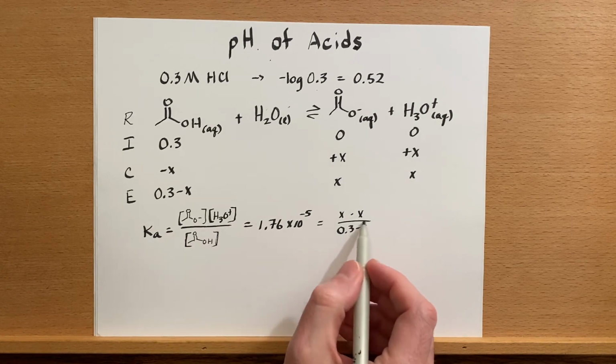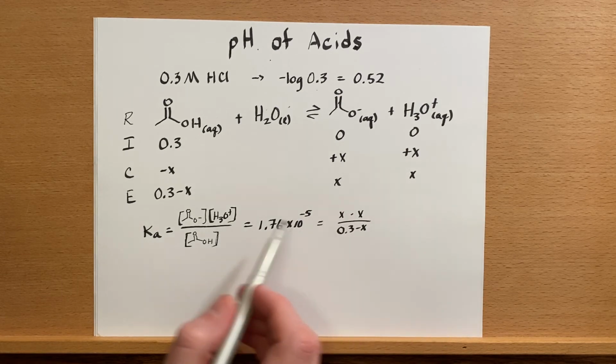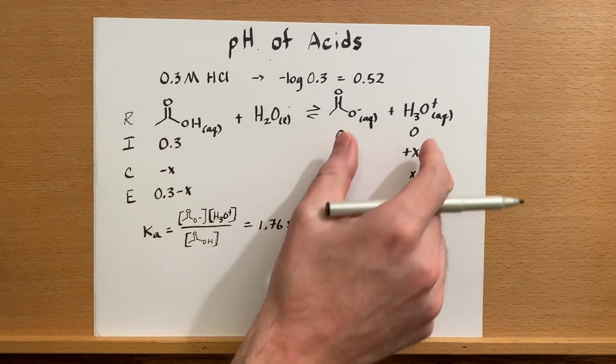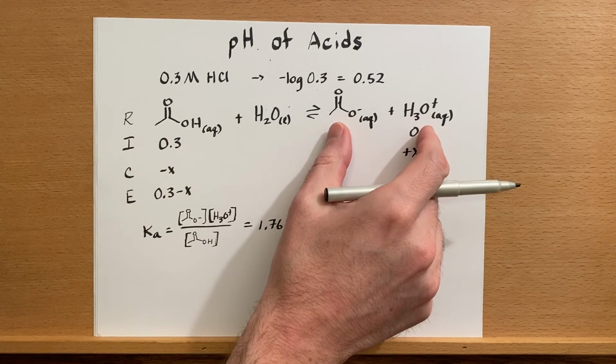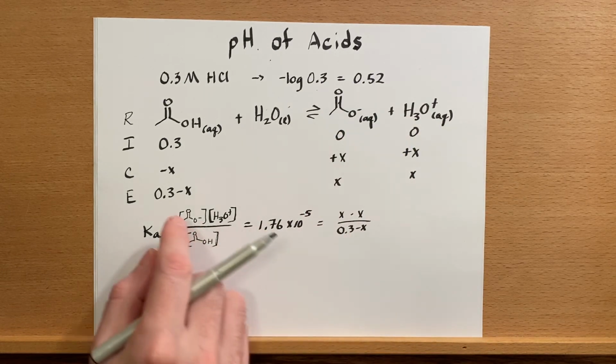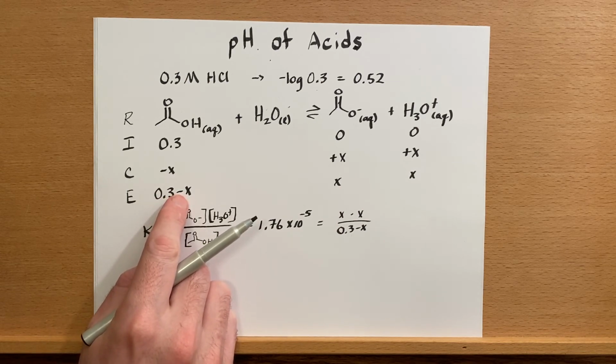This minus x right here is really only important if a lot of the acetic acid dissociates into these two components. If only a little bit does, then this 0.3 number won't change very much, and we could ignore the minus x here.